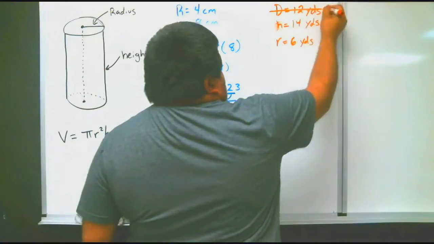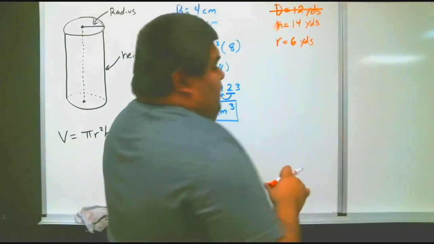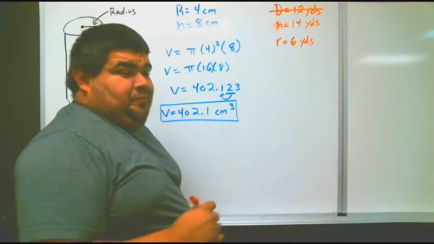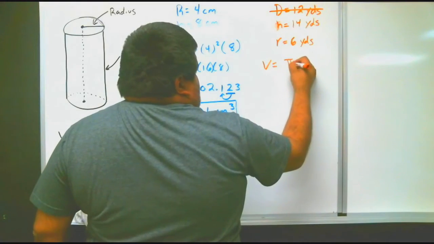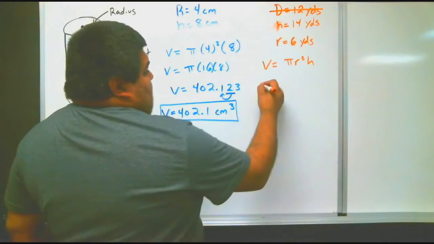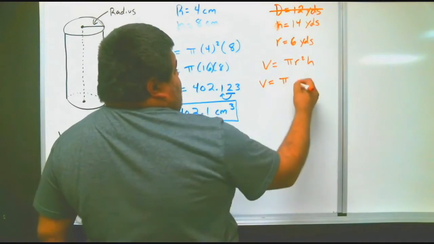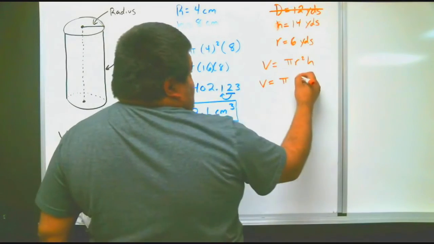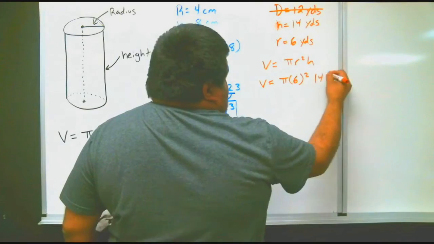So that one no longer works. All we really need is the radius and the height. Now that we have both, we can write our equation. V equals pi r squared times height. So the volume is pi r squared, where r is 6, 6 squared, times height, which is 14.